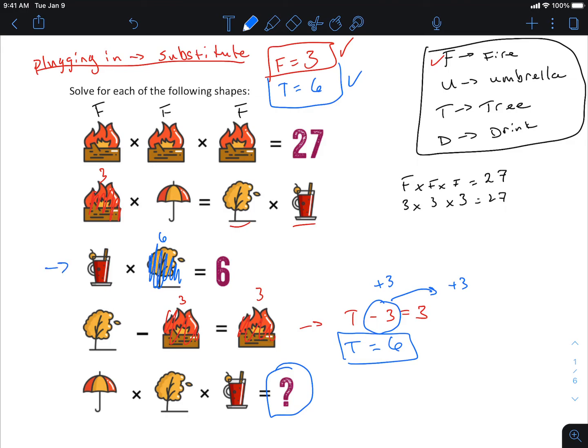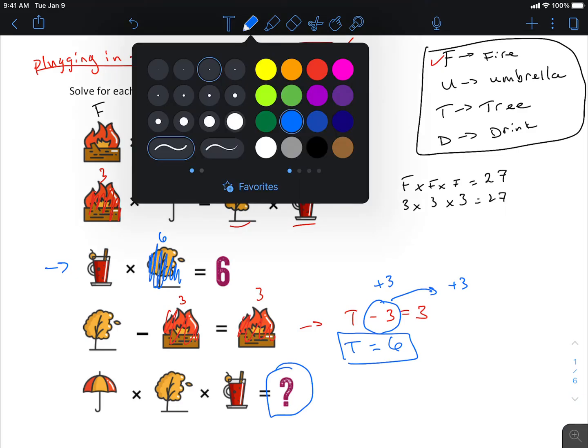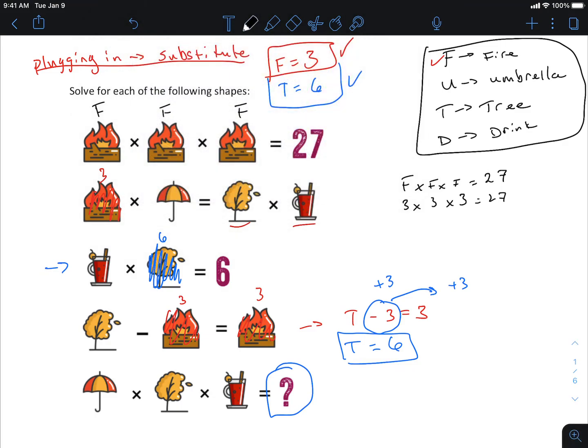The new equation, we'll use black, is a drink times 6 has to equal 6, right? So in order to find what a drink is, or the variable d in this case, I can divide both sides by 6. And so a drink is equal to 1.